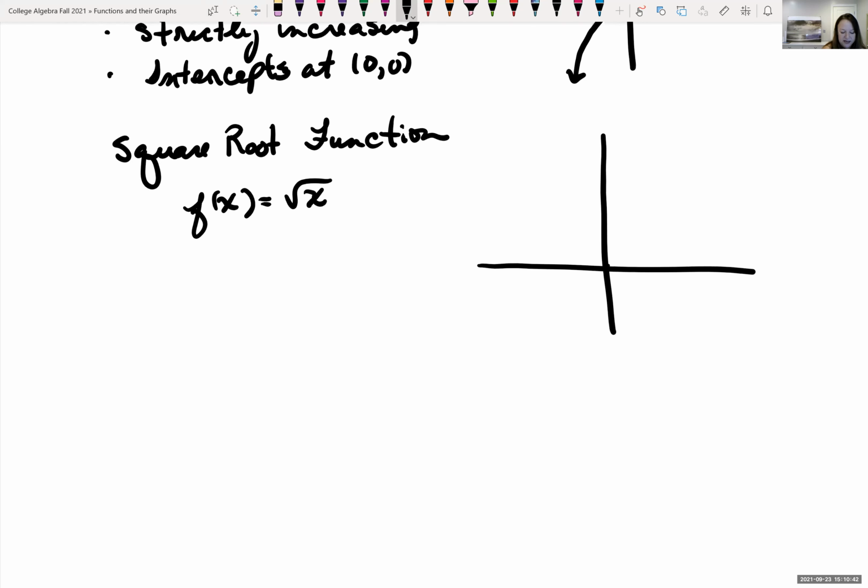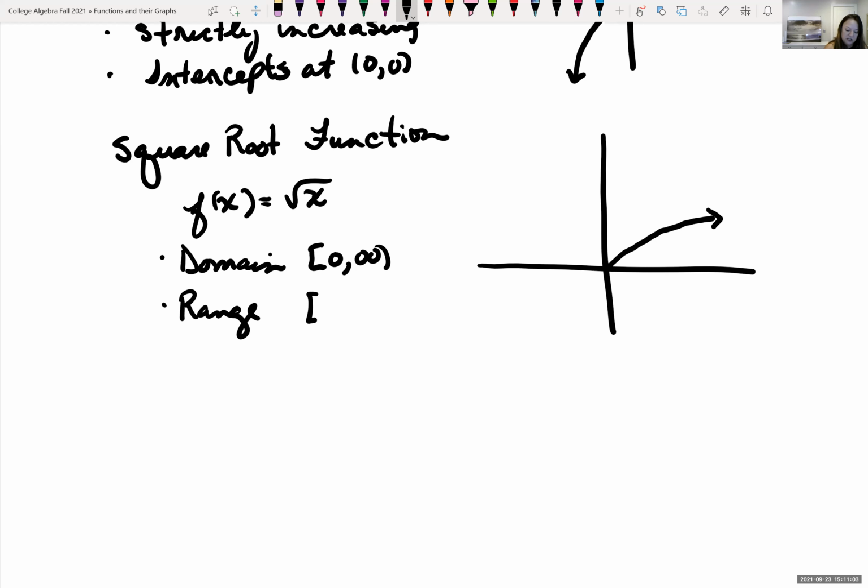The graph kind of looks like half of a sideways parabola. So our domain is 0 to infinity. Notice that's also our range. We're never going to have negative y values, so our range also starts at 0 and goes to infinity. Strictly increasing, and intercept at (0, 0).